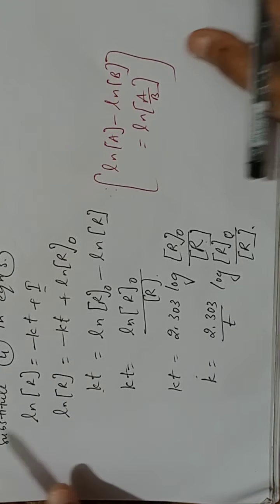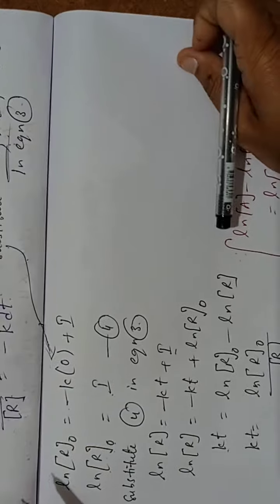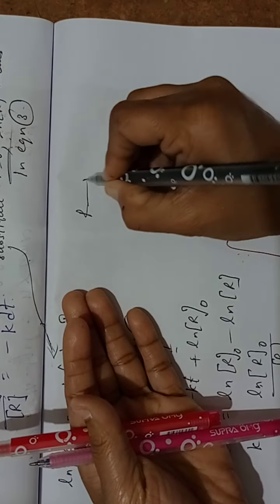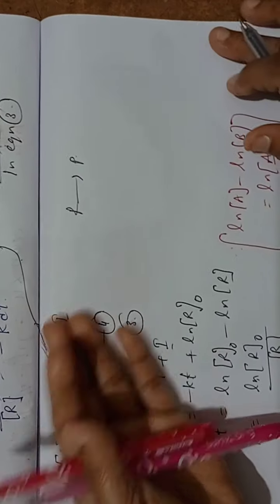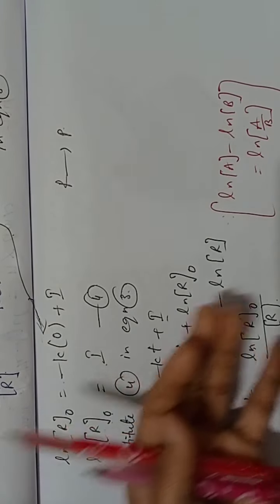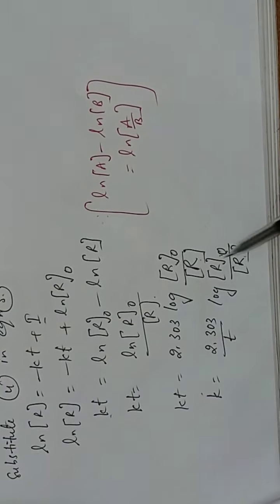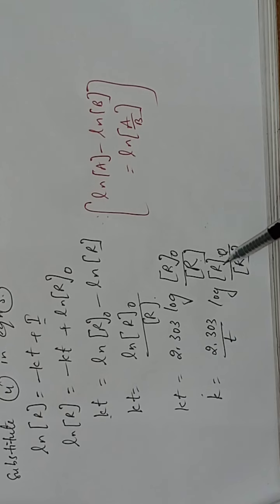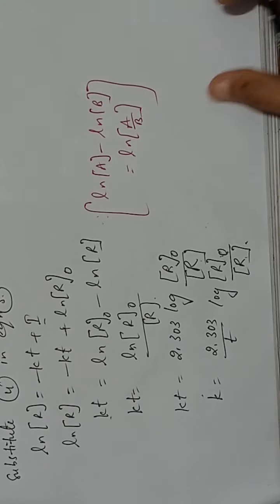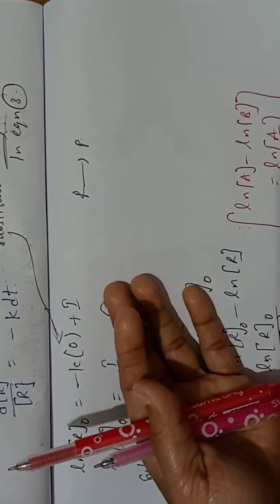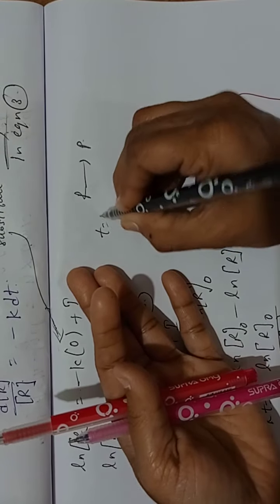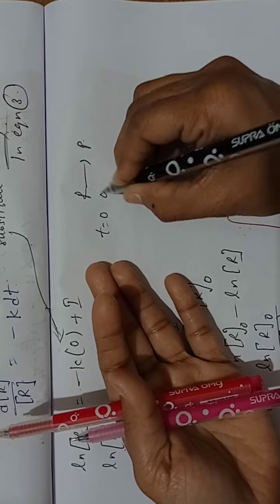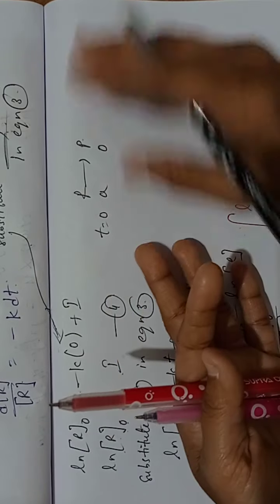Clear? Suppose I am considering the reaction where reactants give products. Here r naught, and here r. R naught indicates what, students? The initial concentration of the reactant. This is the final concentration of the reactant. Now suppose I take the initial concentration at t equal to 0 as A, and the product concentration is 0.